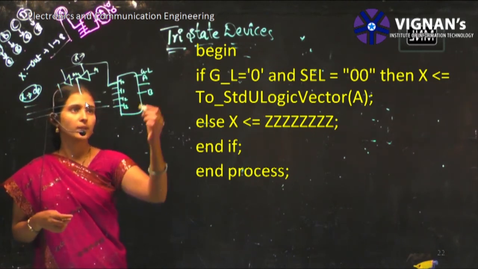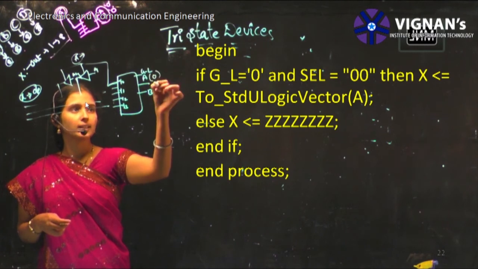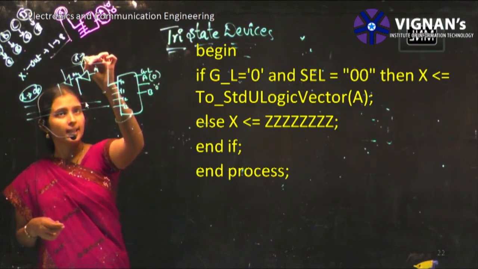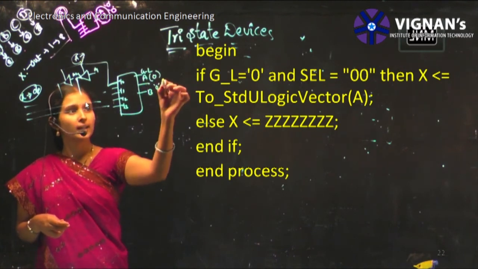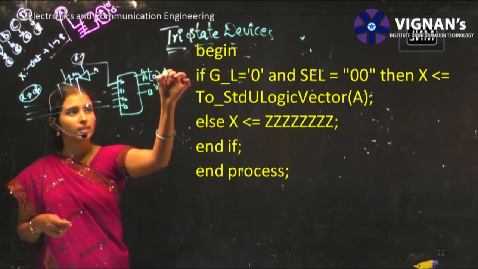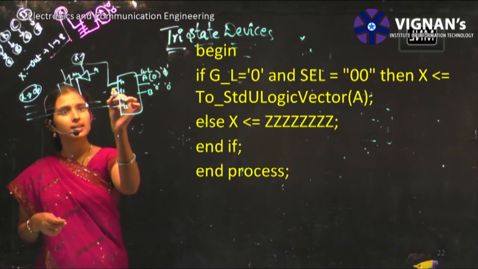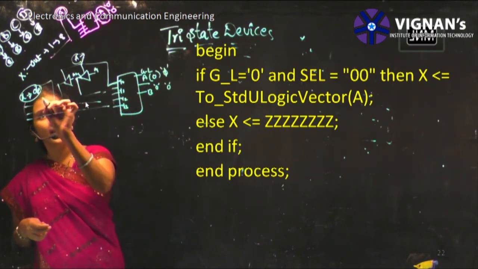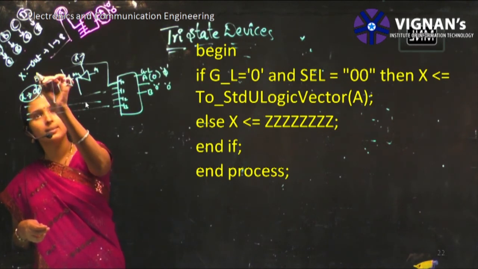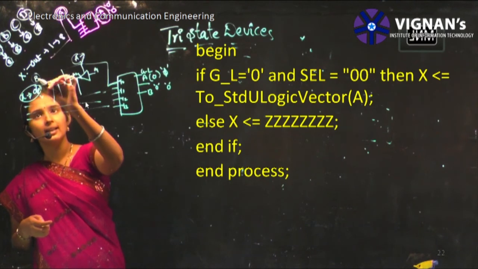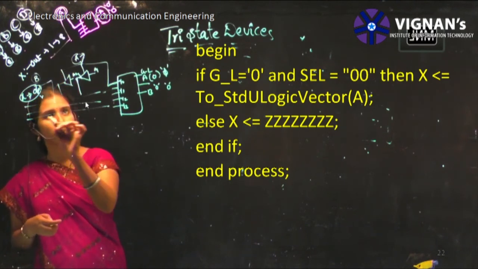At the same time, if the selection line is 0 0, data bus A is selected. If the inputs are 0 1, Y1 is selected. Y1 is attached as the enable input to data bus B, so whatever data is in that data bus will be transferred to your common bus.